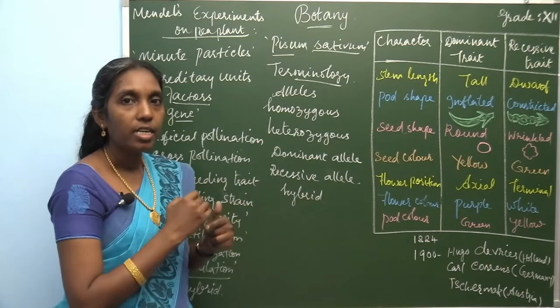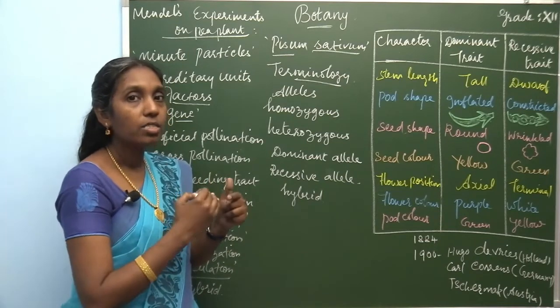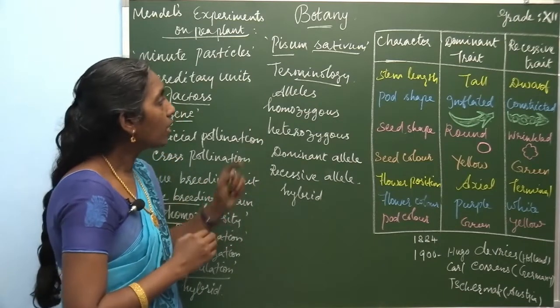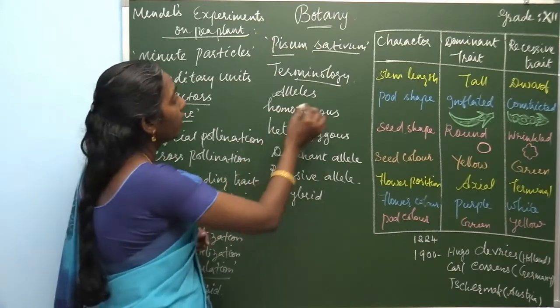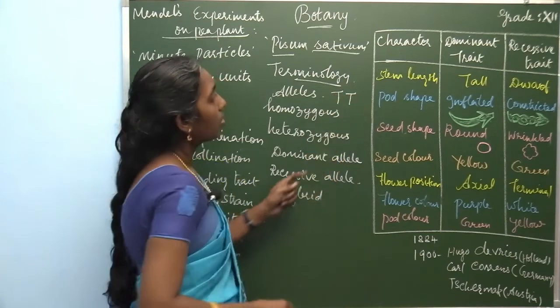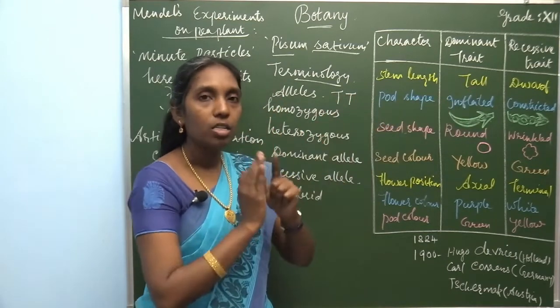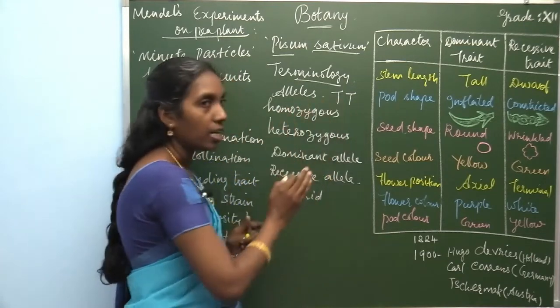These alleles contain genes, so the gametes are present within the alleles. These alleles are represented as a pair of alleles. So it is represented as capital T. Here the dominant character tall, the tall trait, is represented as an allele.